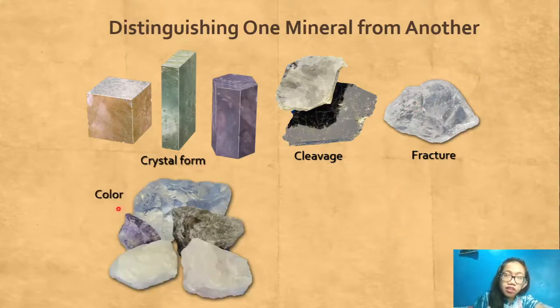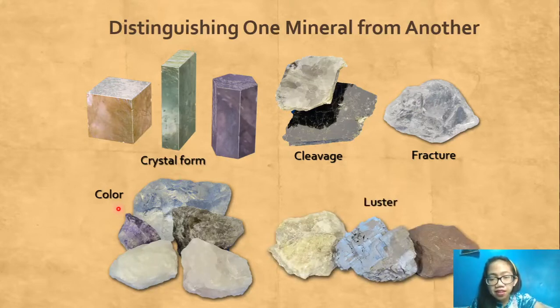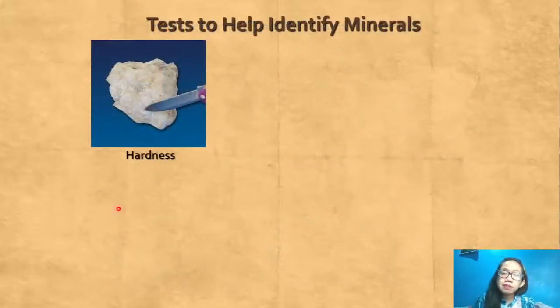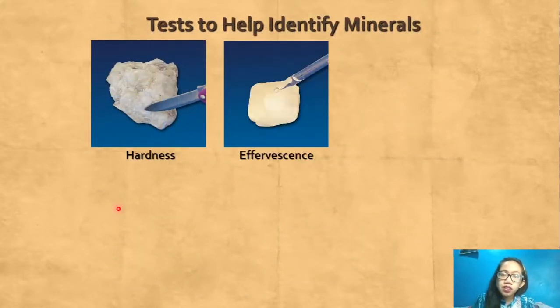So color is one physical property but not a reliable property when identifying minerals. And then the luster, or how they shine, metallic or non-metallic. You can measure hardness using the Mohs hardness scale, and you could also test certain minerals based on their effervescence, or how they will react if you expose them to acids.